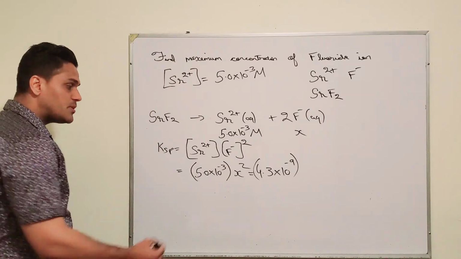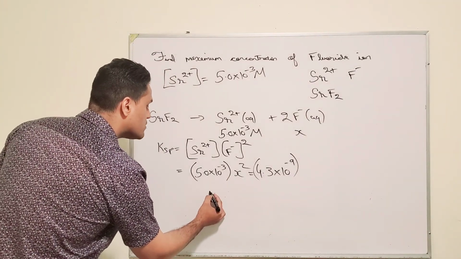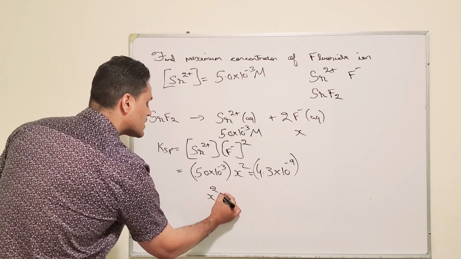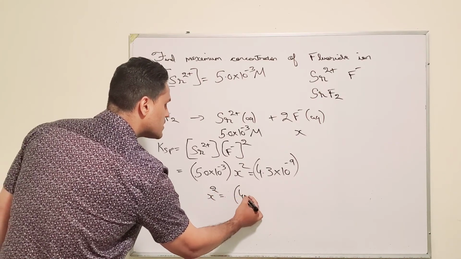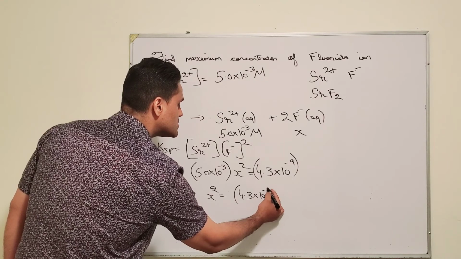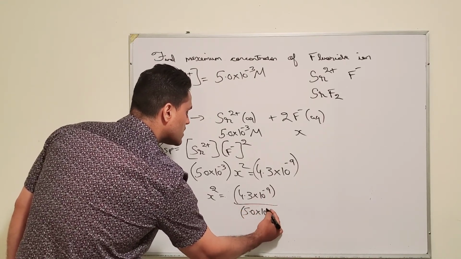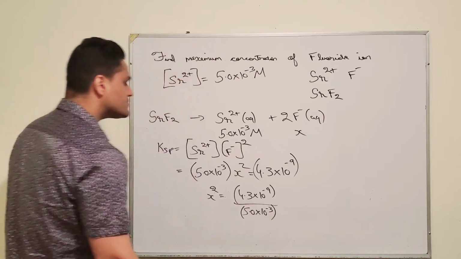So as a first step, you're going to divide both sides by 5.0 times 10 raised to the power minus 3. So you're going to get X squared is equal to 4.3 times 10 raised to the power minus 9 divided by 5.0 times 10 raised to the power minus 3.